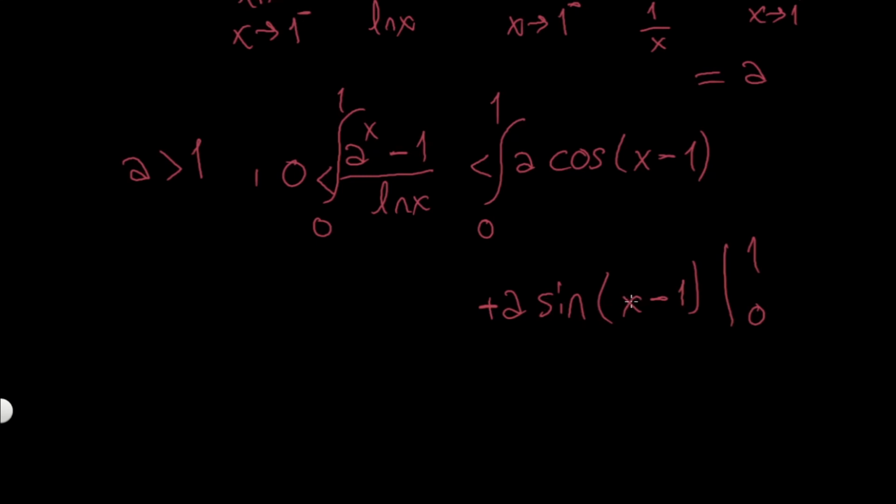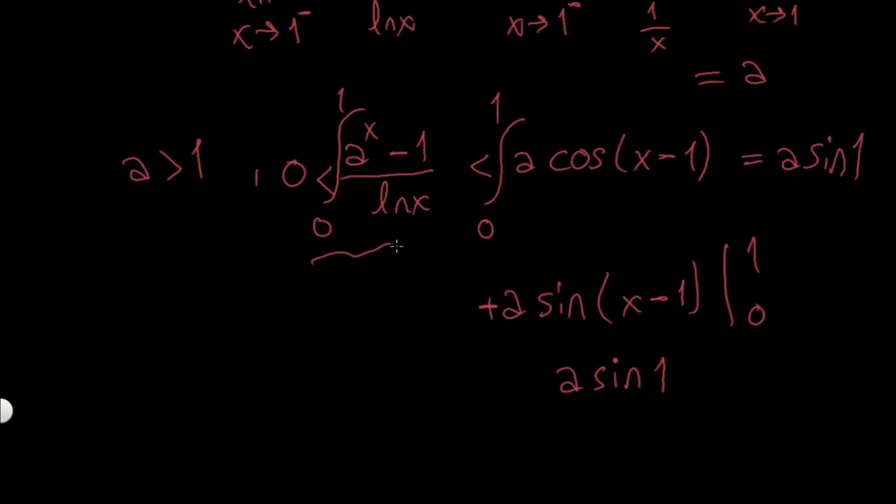If I put 0, it will be minus a sine 1. So minus minus, it will be plus a times sine of 1. Which means that this integral is less than a times sine of 1.